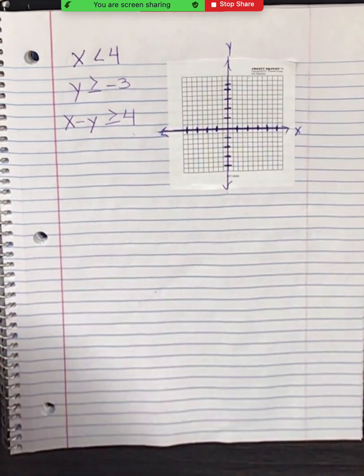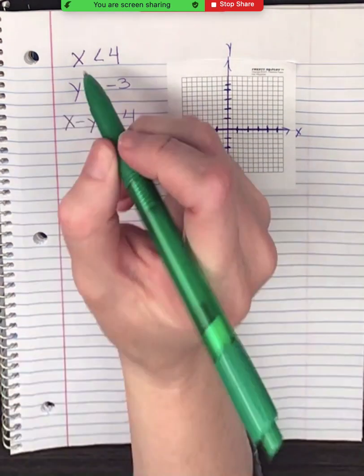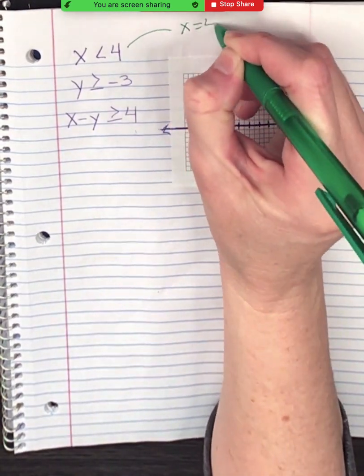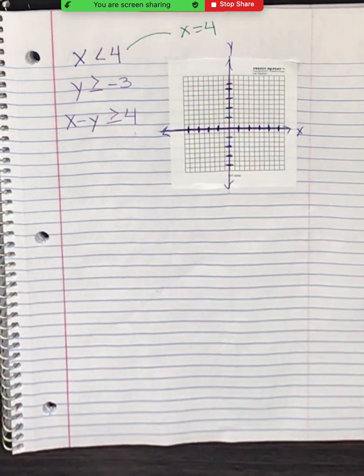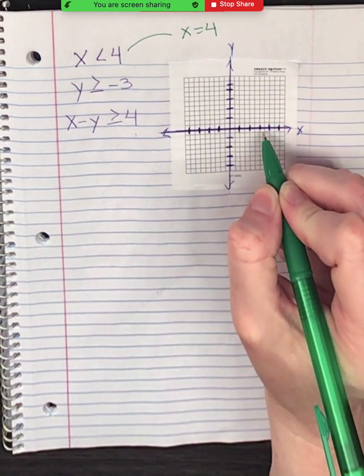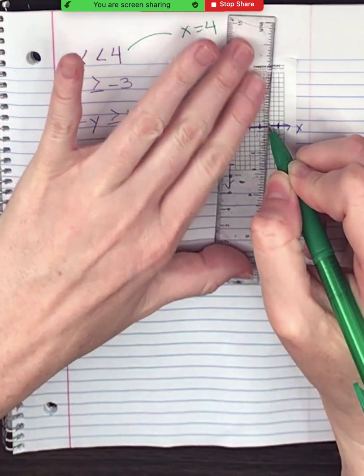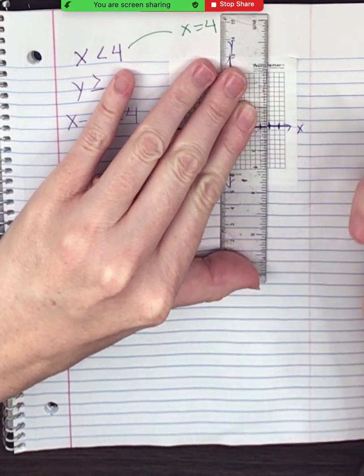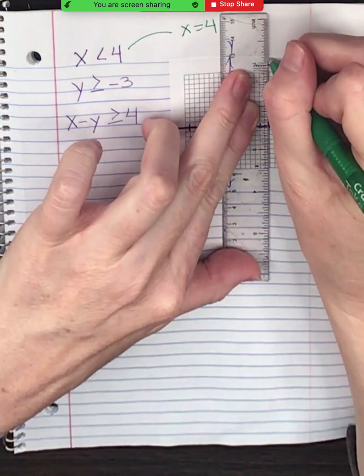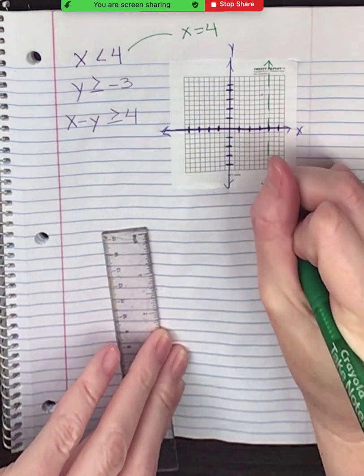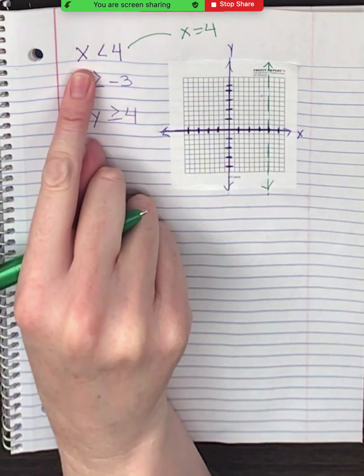All right, so I'm going to graph this one first. I'm going to graph the corresponding equation, x equals 4. Okay, so here's 1, 2, 3, 4. It's a vertical line and it's going to be dotted because it's just less than. Okay, and then I want all x values less than 4.